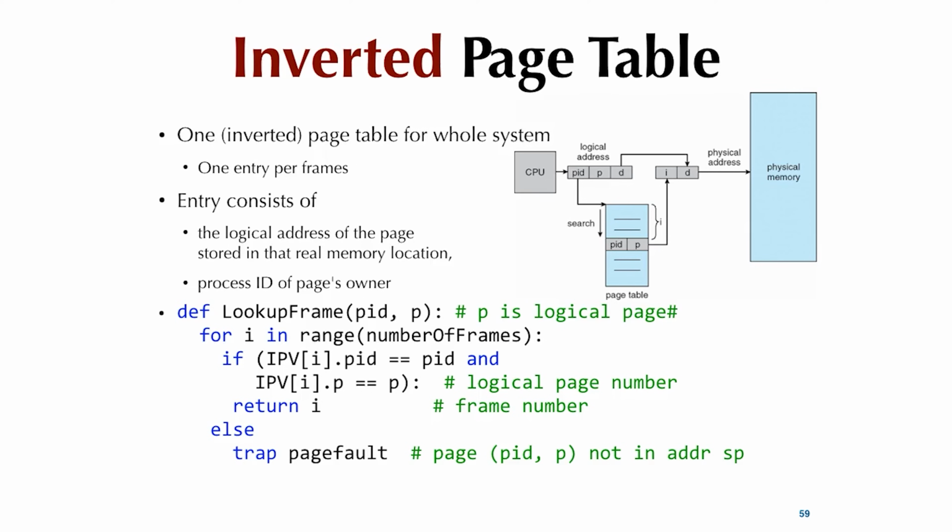If it's fixed, then it really doesn't matter how many processes you have. If you do an inverted page table, then what you're doing is just reverse mapping. You map physical addresses to logical addresses, right? So each entry contains the logical page stored in that physical location and the process ID, right?